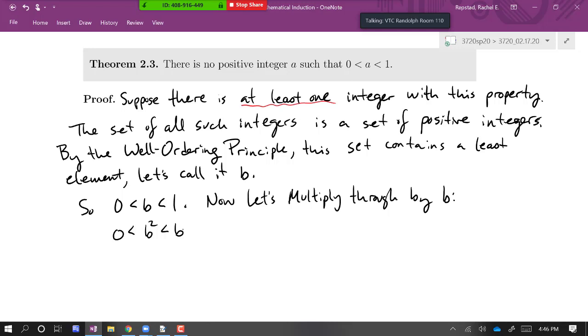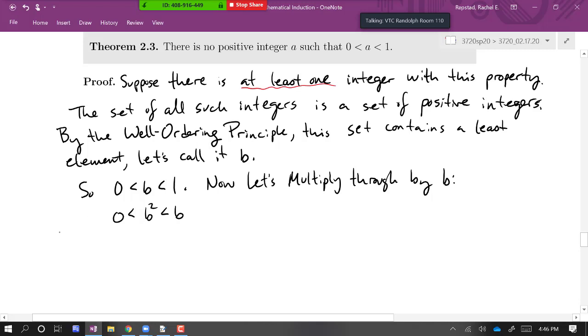We're pretty close. We knew that B is less than 1, right? If B is less than 1, then B squared has to be less than 1. Which means that B squared is a positive integer.